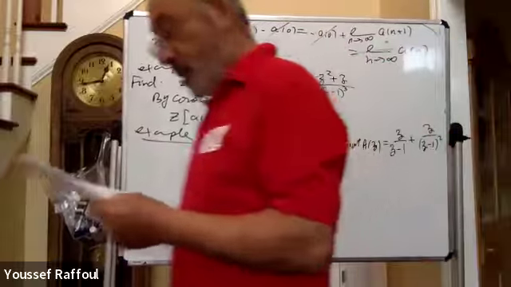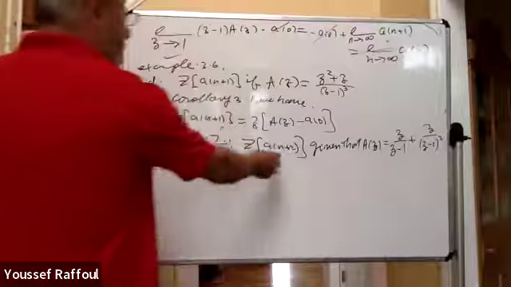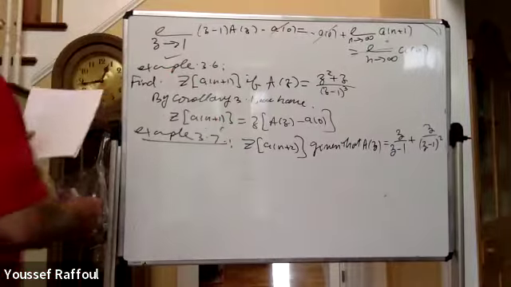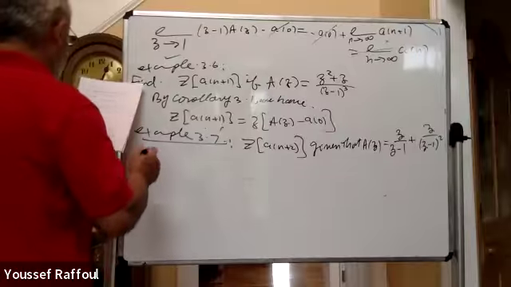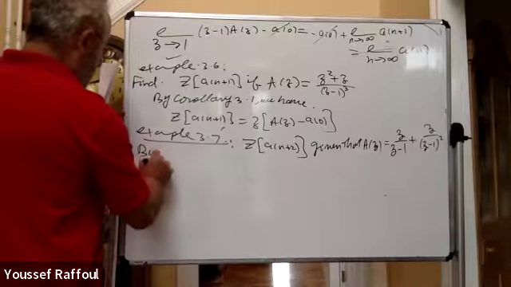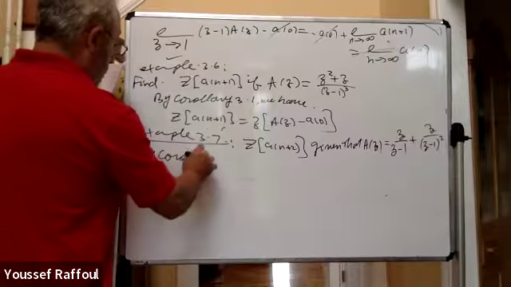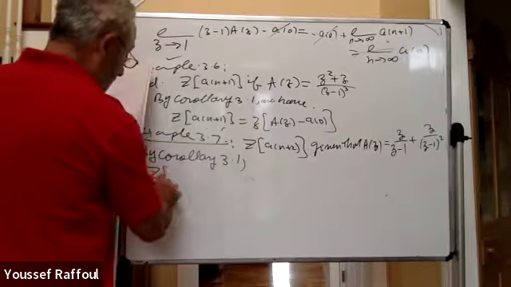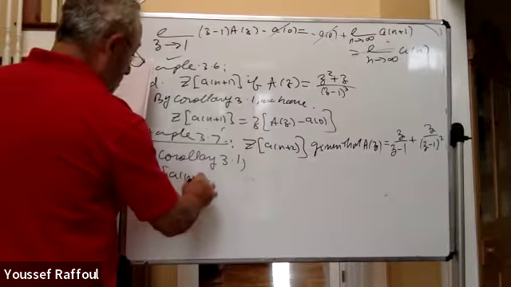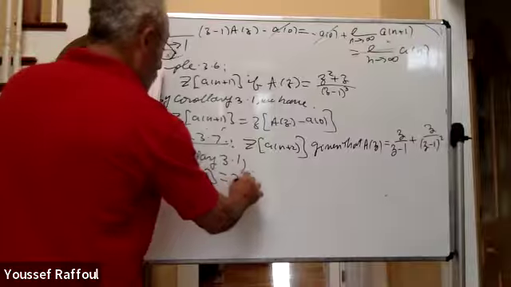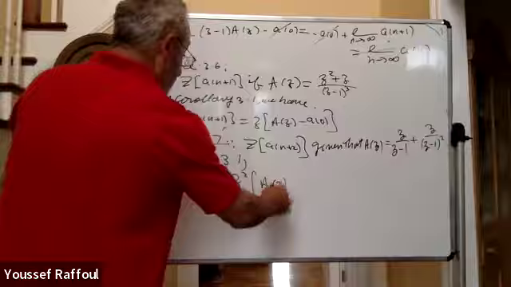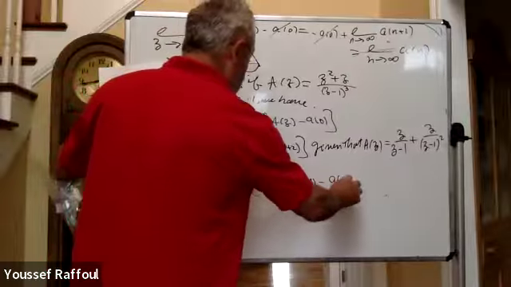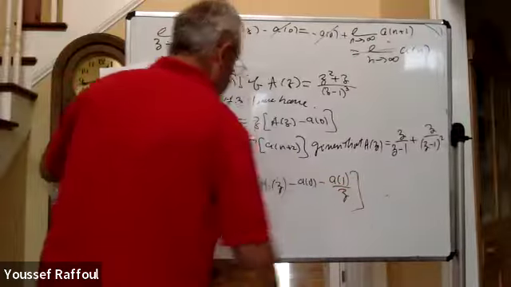Well, this is a_{n+2}, so we need to use that corollary. All right? So again, by Corollary 3.1, we know Z of a_{n+2} equals z squared A(z) minus a_0 minus a_1 over z.